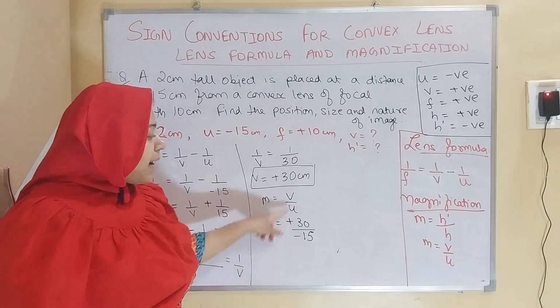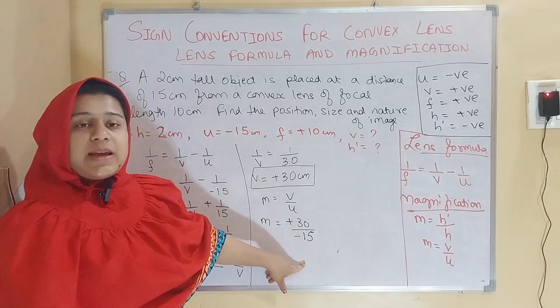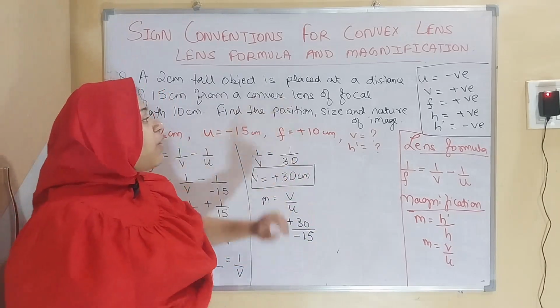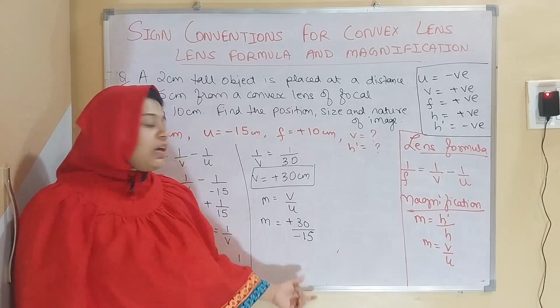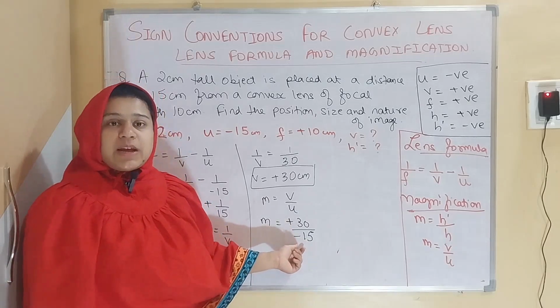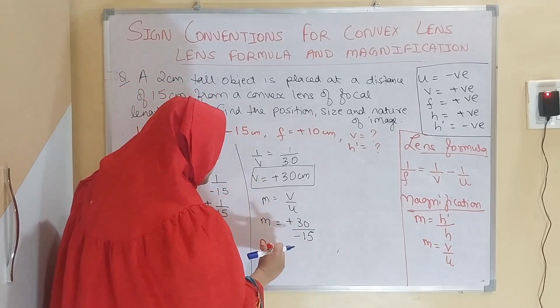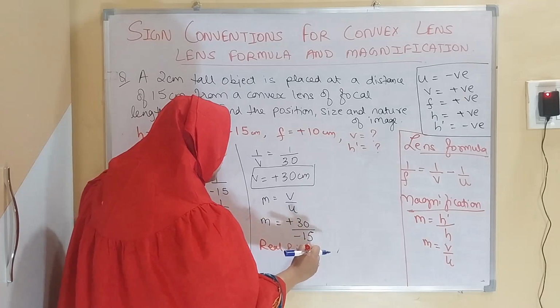Since the magnification is negative, the nature of image will be real. So the image will be real and inverted.